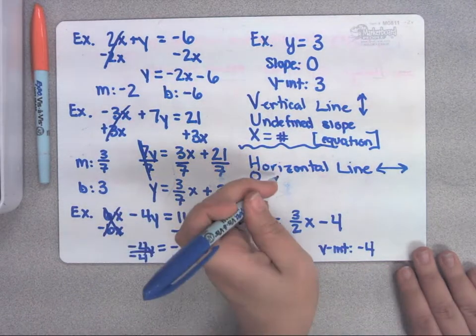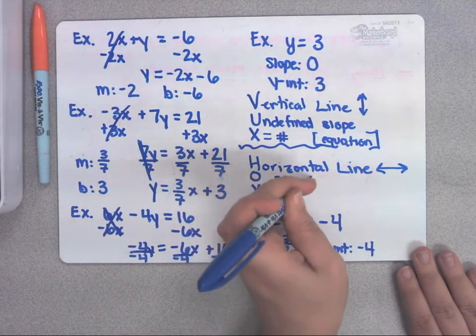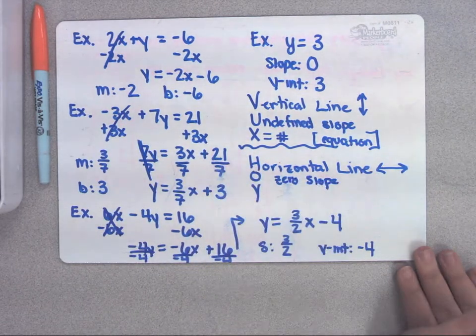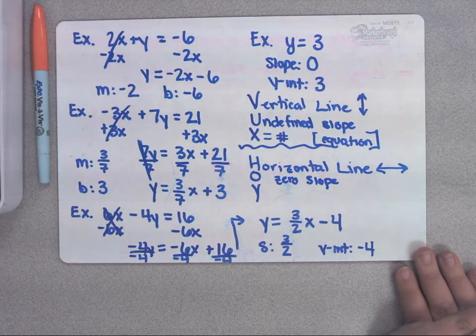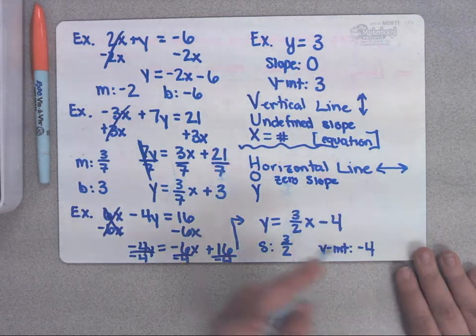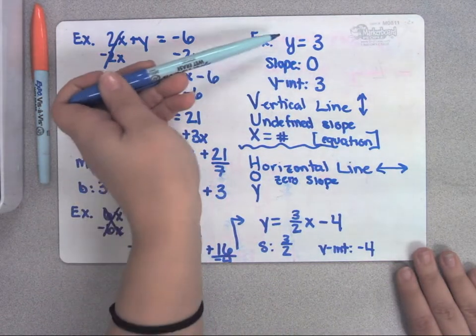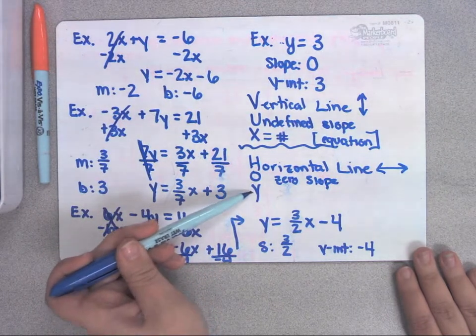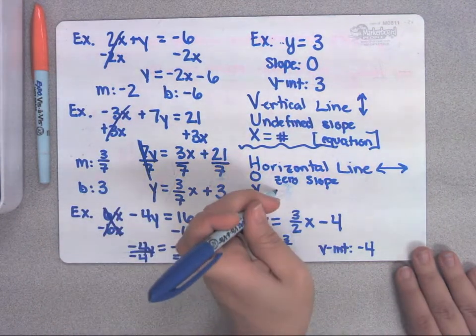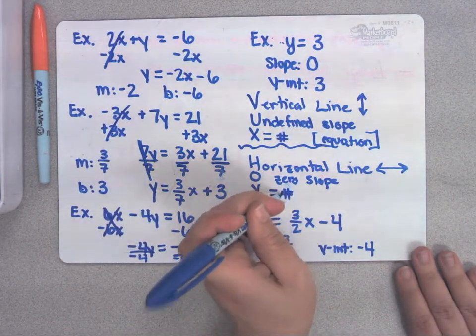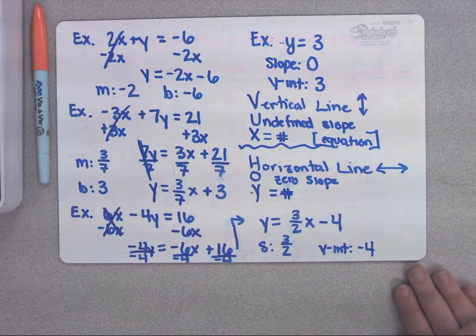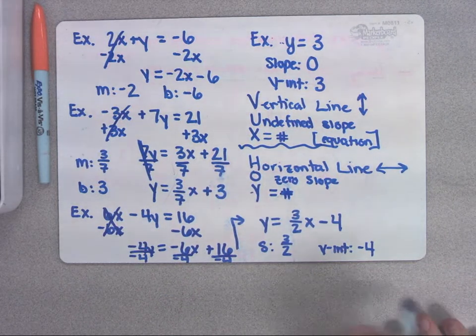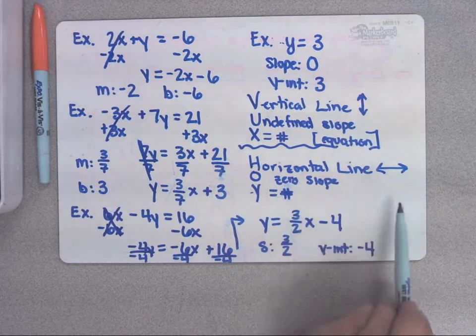A 0. This is 0 slope. And based on what we just talked about, what's the equation going to look like? y equals a number.